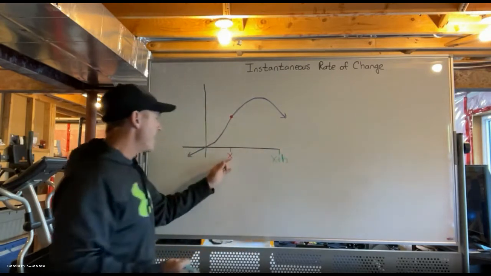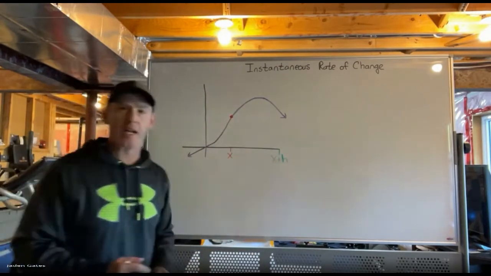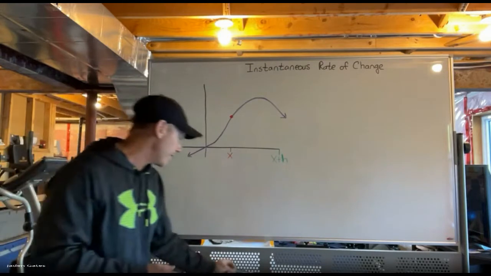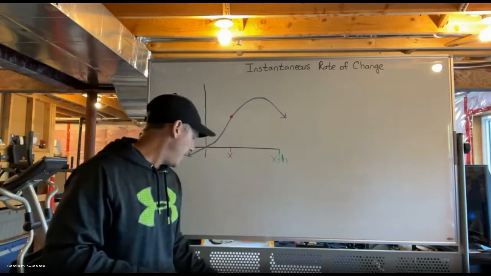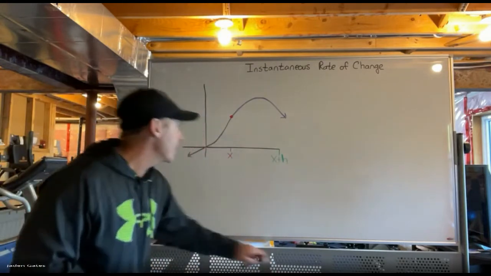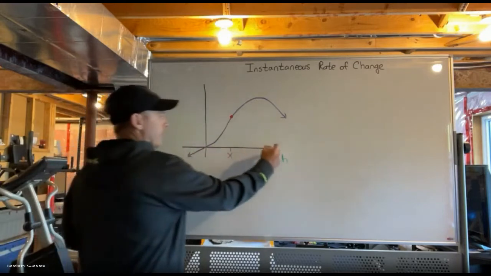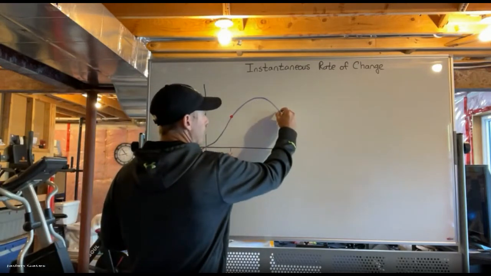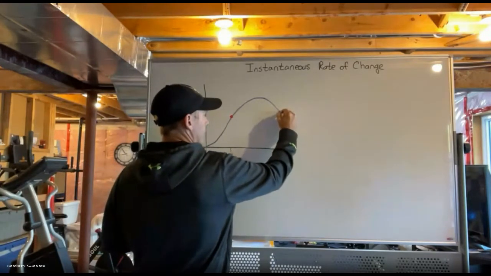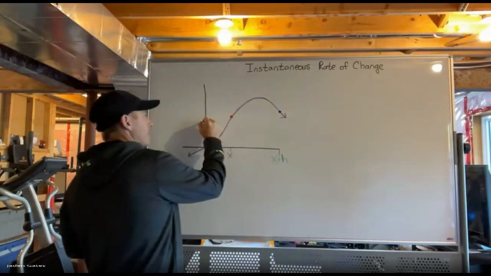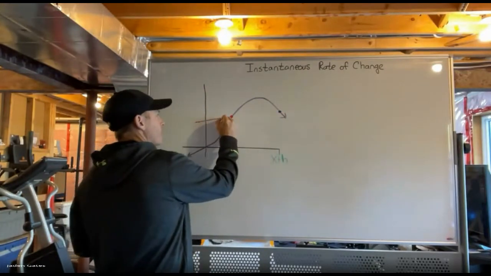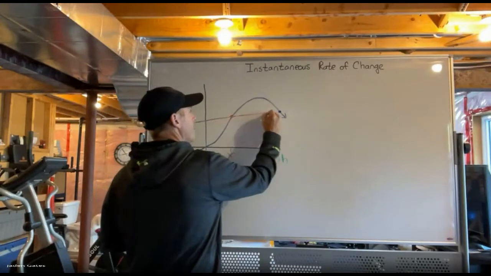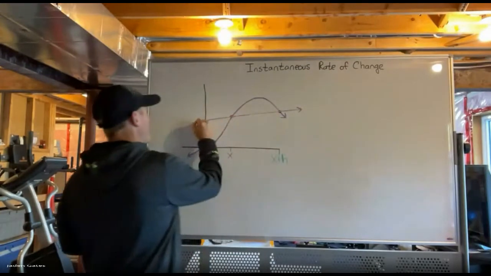All right, so we had an x value, and we just added a little bit more, and that's where we found our next point. If I find the slope or the average rate of change, I would have to find my f2, if you will. And the slope of this line here would be my average rate of change.